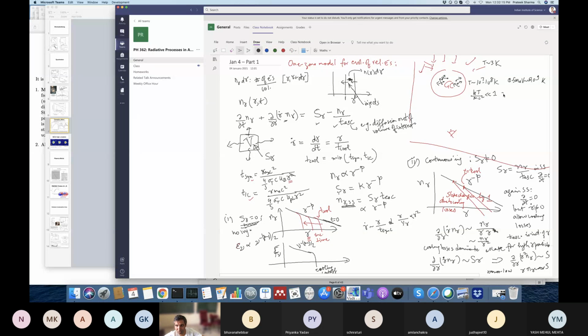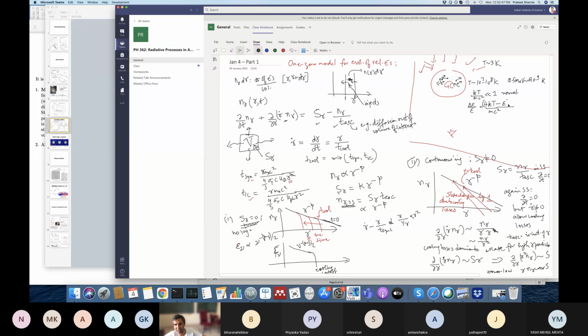So you are in the non-relativistic regime, where delta epsilon by epsilon, the change in energy in a single scattering divided by the energy of the background photons, is equal to kT by mc squared times (4 kT minus epsilon of the photons).